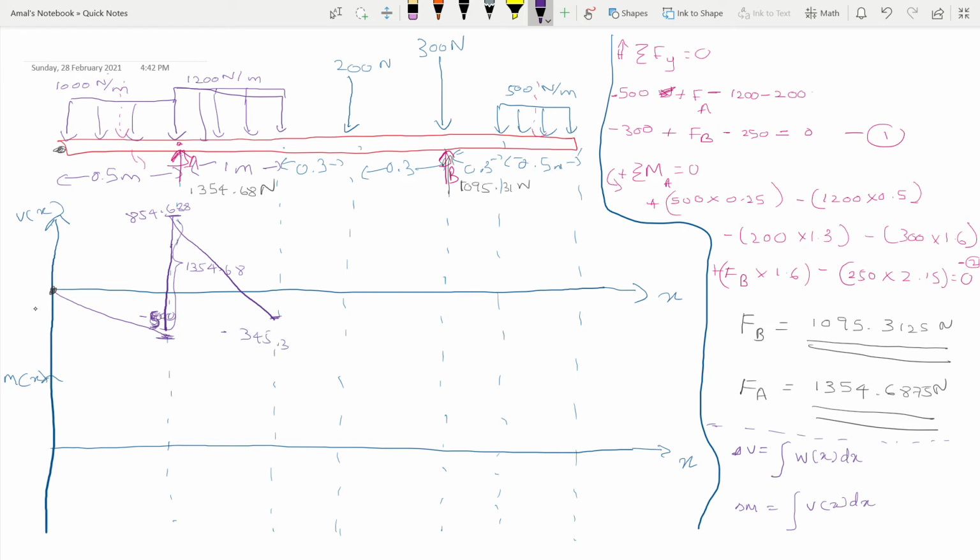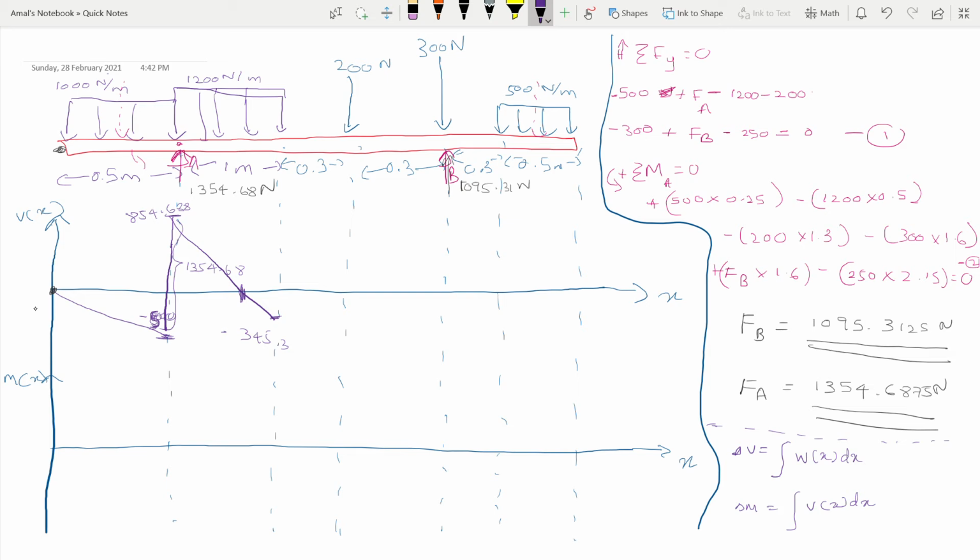We go to negative 345.3. Now, in order to draw the moment diagram, we need to know at what point this crosses. It's easy. We know the slope of the shear diagram is negative 1200, so negative 1200x.